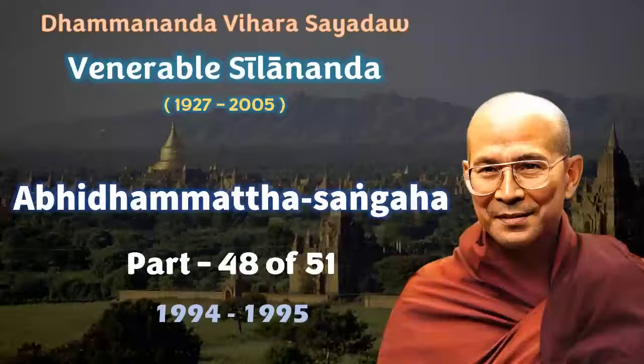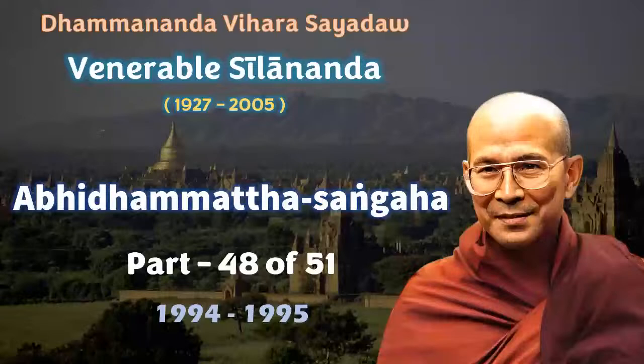Now the last one, formations of imperturbable. That means cetana concomitant with 4 arupavacara kusala cittas. Now ignorance is akusala, and the formations of the imperturbable are kusala. So there will be no sahajata and so on.